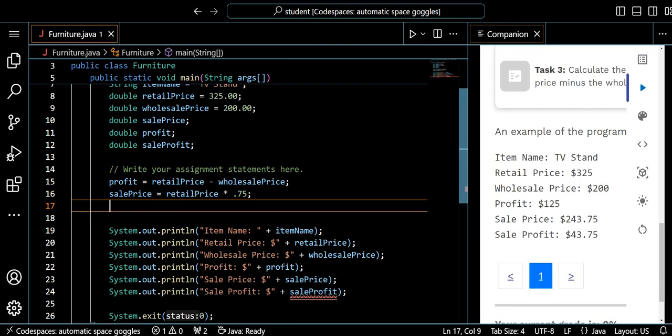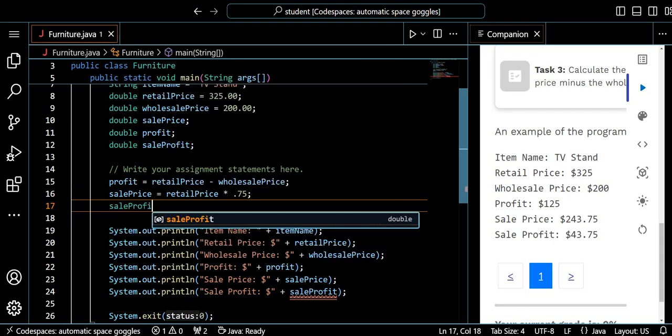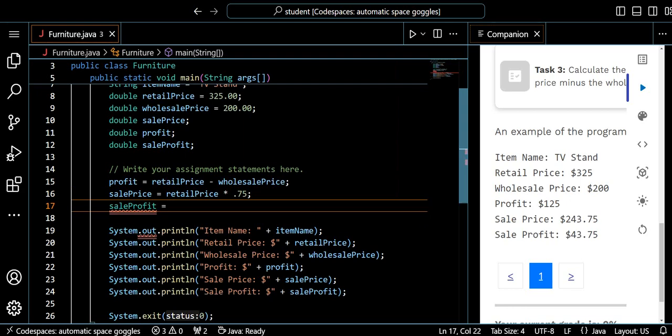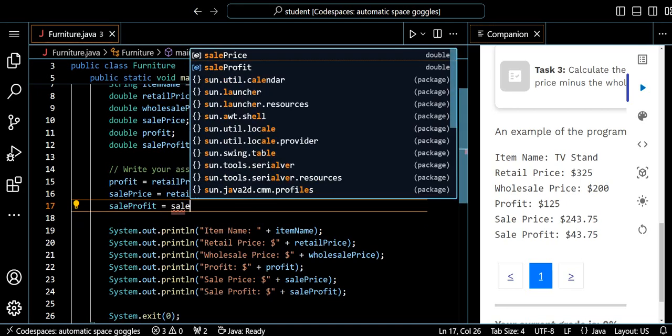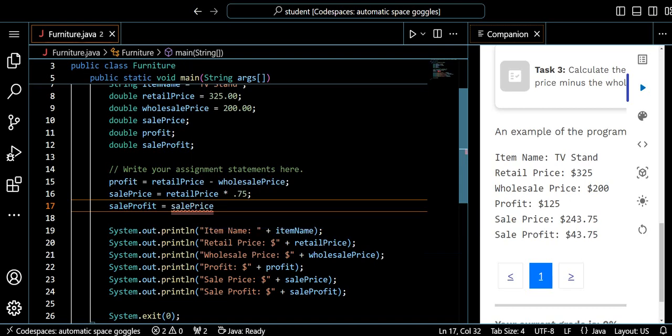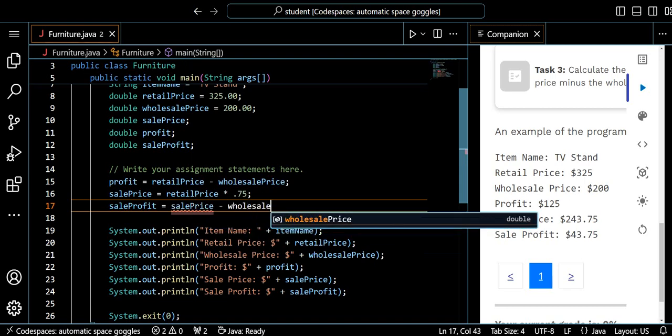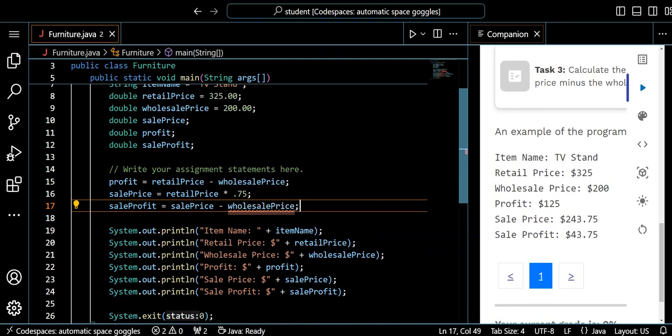All right, and then finally, sale profit equals sale price minus wholesale price. So, to look at that, all we did was line 15 to line 17, put in our profit equals retail price minus wholesale price, sale price equals retail price times 75% or 0.75, and sale profit equals sale price minus wholesale price.